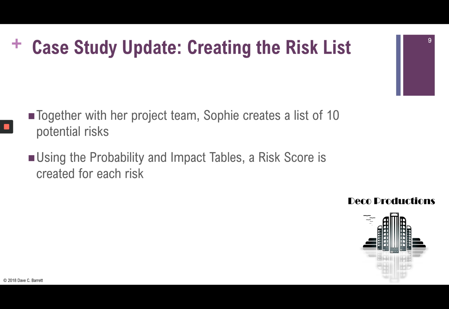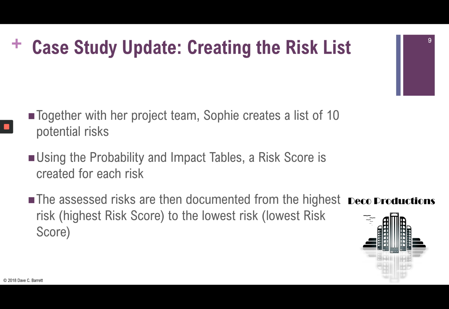And then what happens is that, using the probability and impact tables and the assessment by Sophie and her team, a risk score is created for each risk based on the estimation of probability, the estimation of impact, looking at the different factors and calculating the risk score.